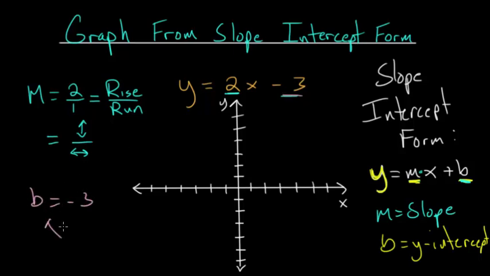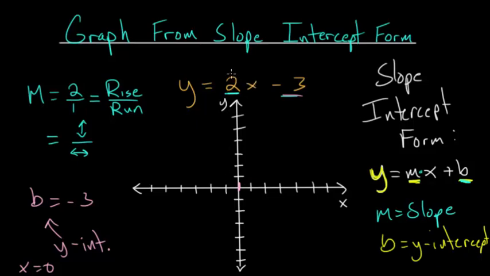And remember, this is our y-intercept. This is where it crosses this y-axis. Because think about it, if you plug in x equals 0, you get 2 times 0. So this term just goes away and y is equal to minus 3. So that's why whatever this number is that you're adding or subtracting at the end, that's always your y-intercept, because you always plug in 0 for x to find where it crosses this line.